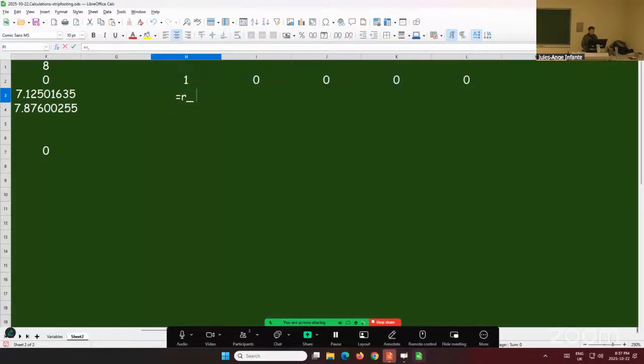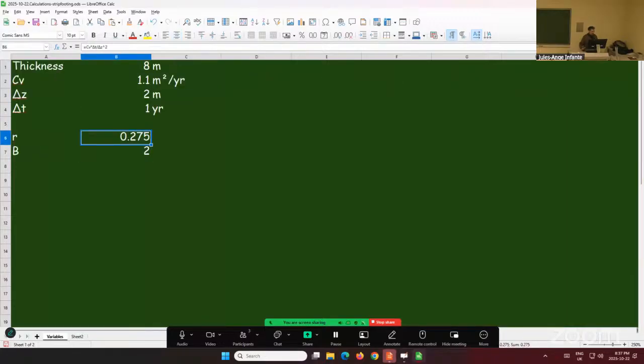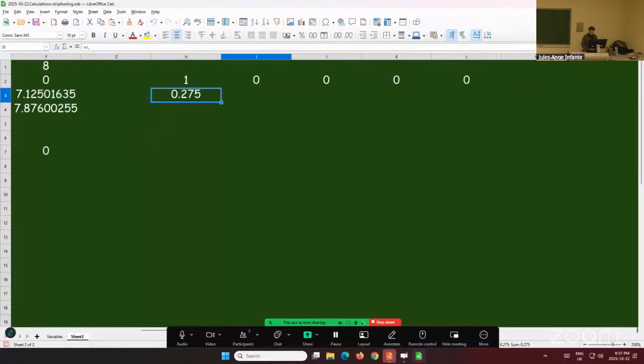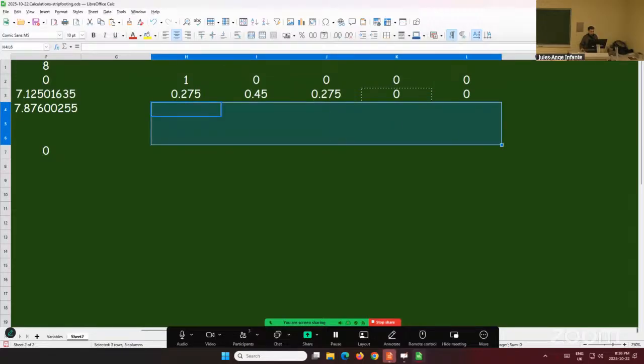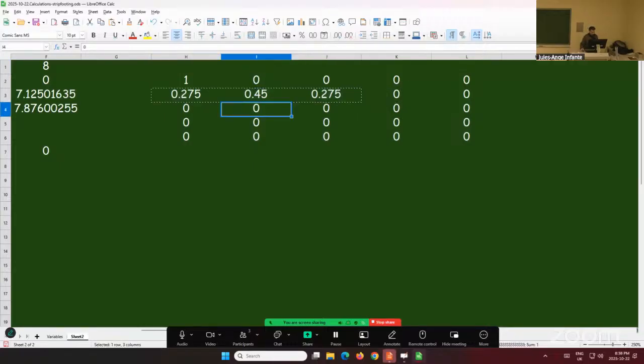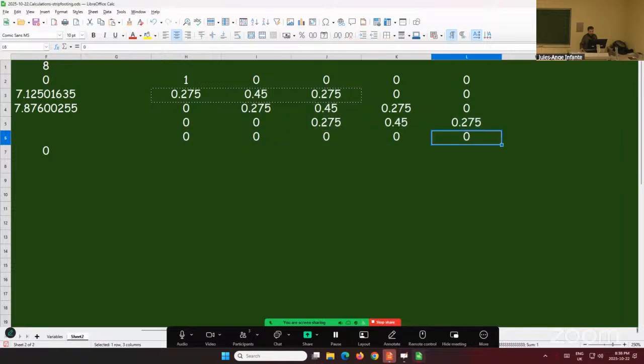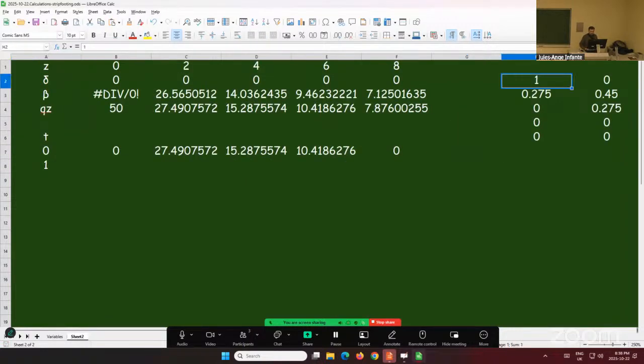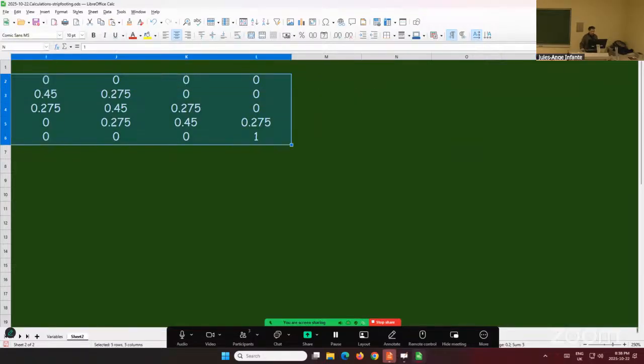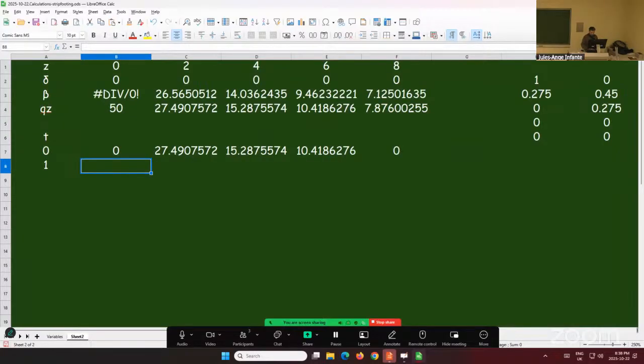And that should be R. Another R. Minus R. R. And we should have defined everything with zeros. Let's go with transpose.